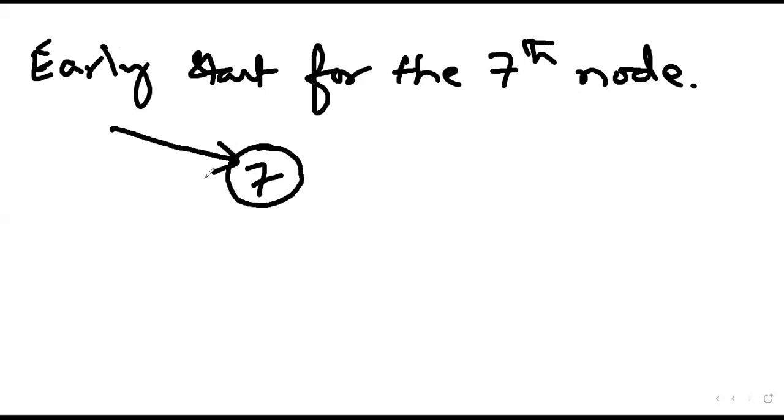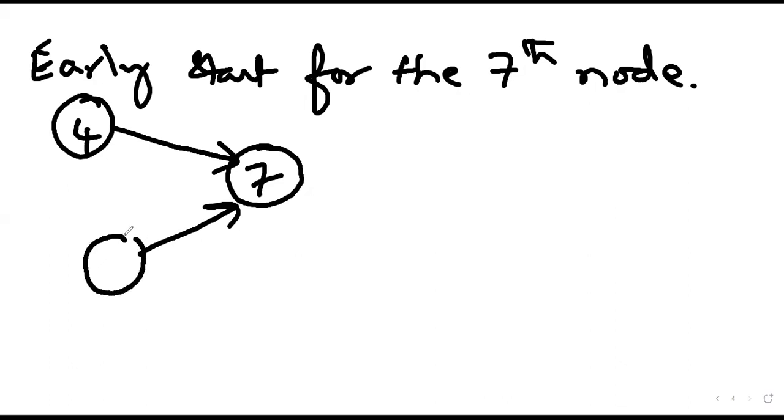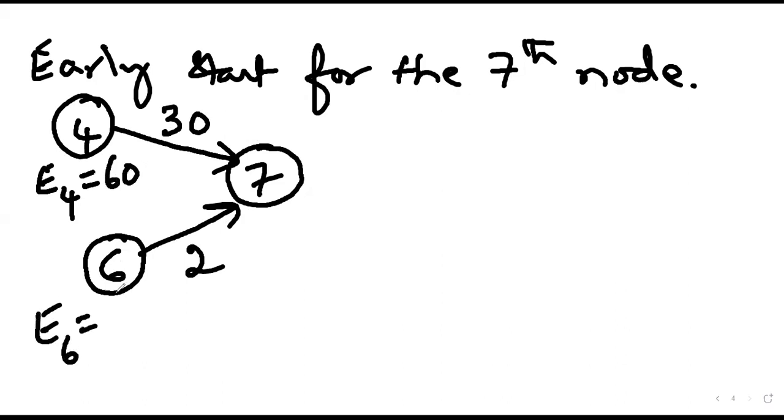One activity starts from the 4th node, and the other starts from 6. The duration of 4-7 is 30. Next, 6-7 is 2. What is E4? 60 days. And what is E6? 12 days.